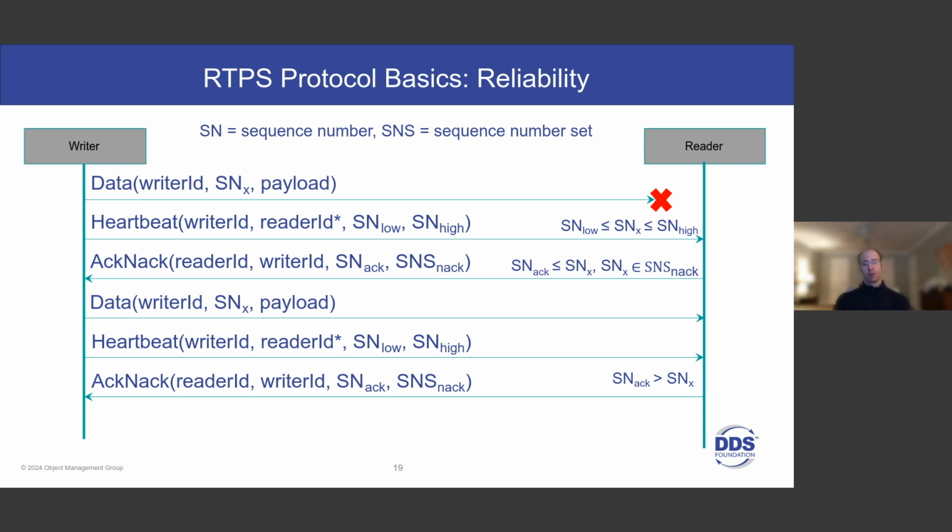So either immediately or sometime later, it will send a heartbeat, coming from itself. It has its own writer ID, and it may specify the reader ID directly, or it may use a general reader ID, reader unknown, essentially. In either case, it then specifies a low sequence number and a high sequence number, saying I have data between these ranges. In this particular case, X would be between low and high inclusive, right? So saying I have this data.